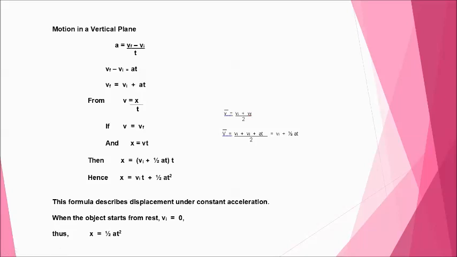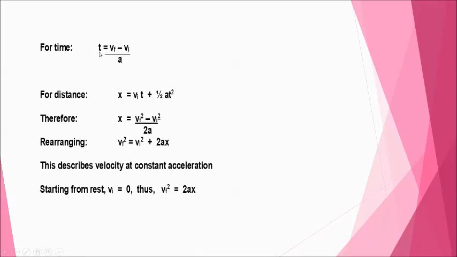And if you started from rest, v sub i is 0, so this equation is now reduced to x equals 1/2 a t squared. And then using this formula again, let us have a value for t. So t is equal to v sub f minus v sub i over a.